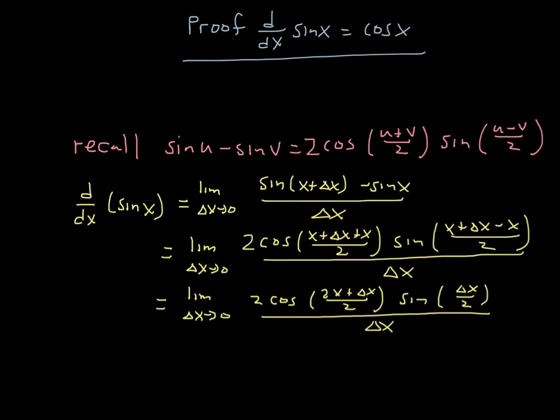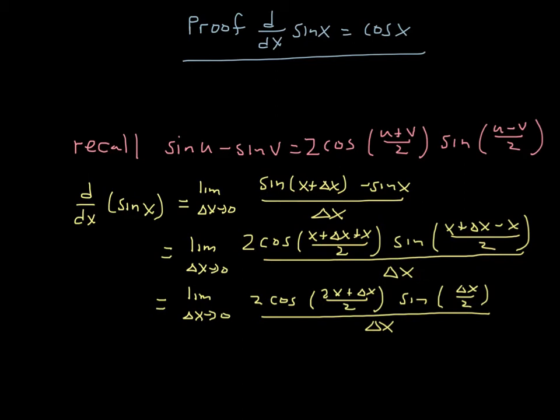Now, by the sum to product rule that we just talked about, I know that this numerator up here will become, by the sum to product formula, 2 times the cosine of x plus delta x, remember that's the u in this case, plus x over 2 times the sine of x plus delta x minus x over 2.